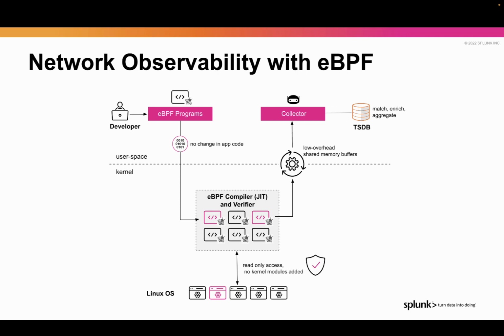And for observability, eBPF can run in a read-only mode, so it's prevented from making changes to the underlying kernel and causing any damage. The end result is that eBPF really can give you the performance of a kernel module without any of the stability and safety issues. And it turns out to be one of the best ways of getting network visibility into your Kubernetes environment.